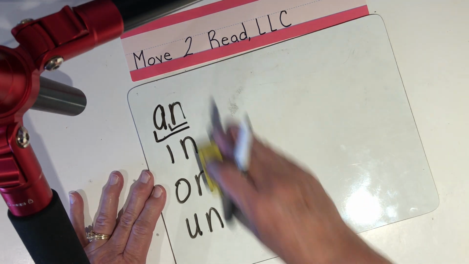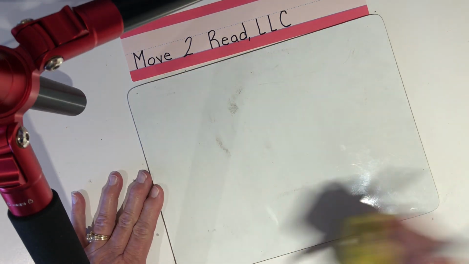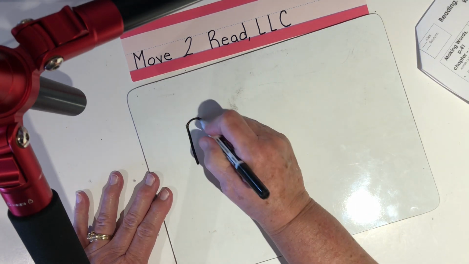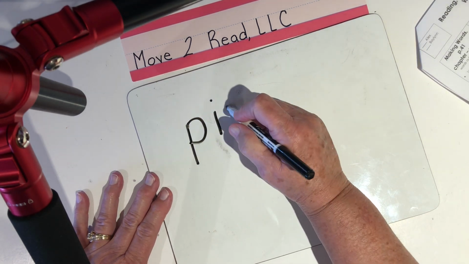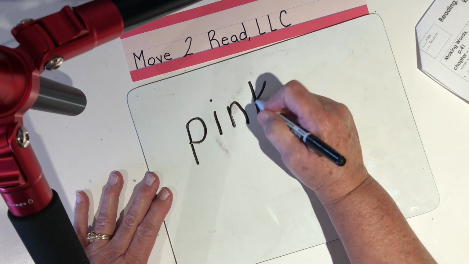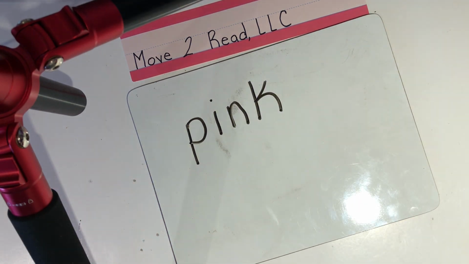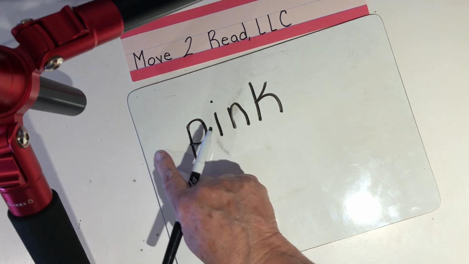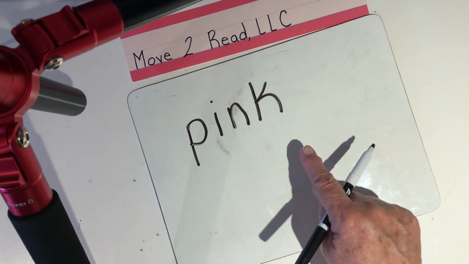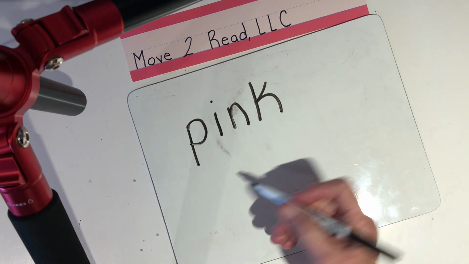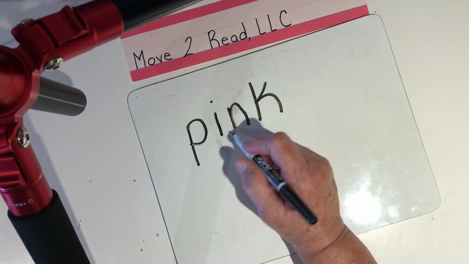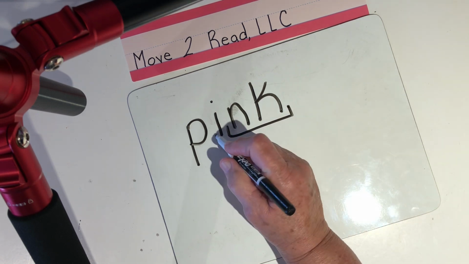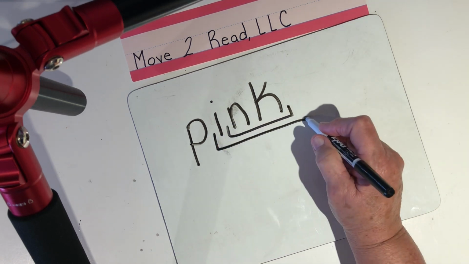Now, our first word is going to be the word pink. Just like always, if we have one vowel, it is a one-syllable word. Since we have one vowel, we're going to analyze it and go, oh, here's the NK. That means I have to include the vowel.